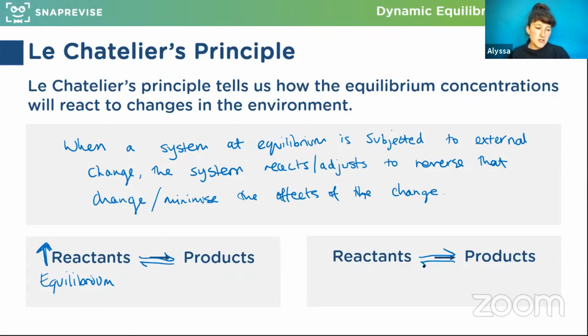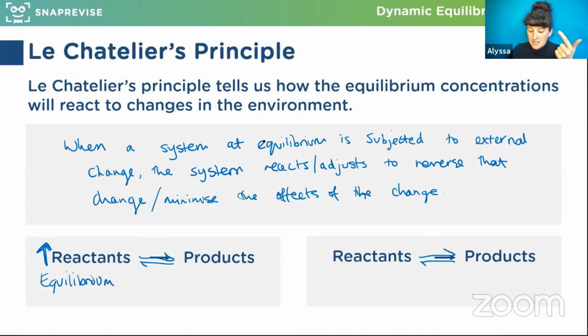Is this an OCR definition for the exam? So in terms of the exam boards, actually all 3 exam boards, as long as you are talking about it being a system at equilibrium, you definitely need to say it's at equilibrium. You need to say something about there being an external change, but you could call that a stress, or you can call it a change. That's fine.